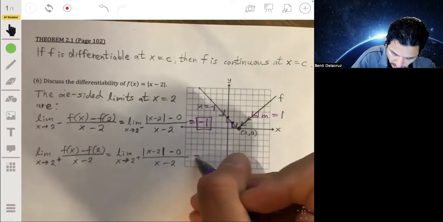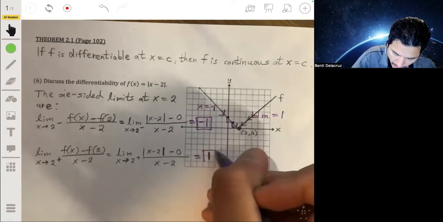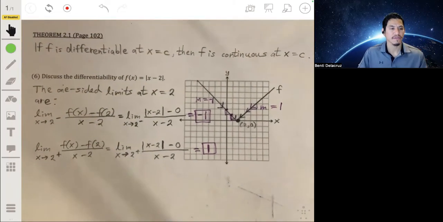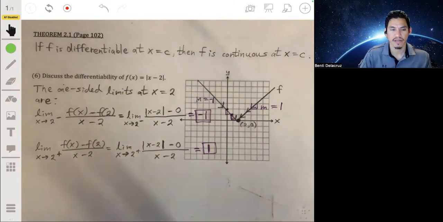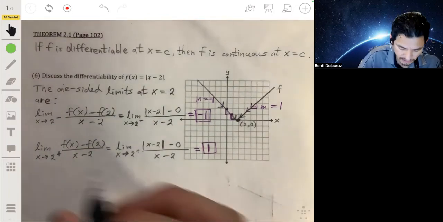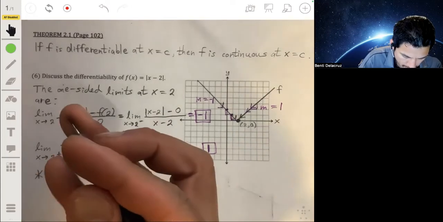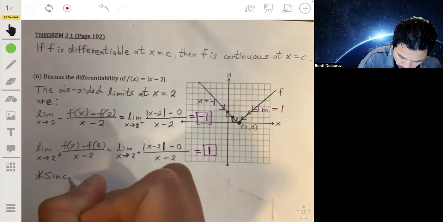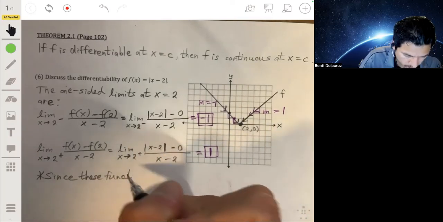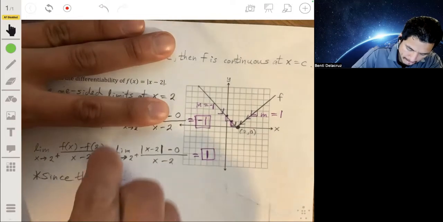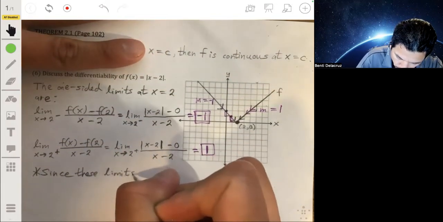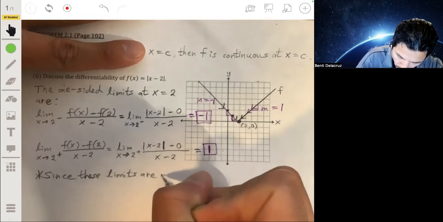And now that's just positive, so we'll just write 1. So since these two slopes, or these two limits, are not equal, this function fails to be differentiable at x equals 2.